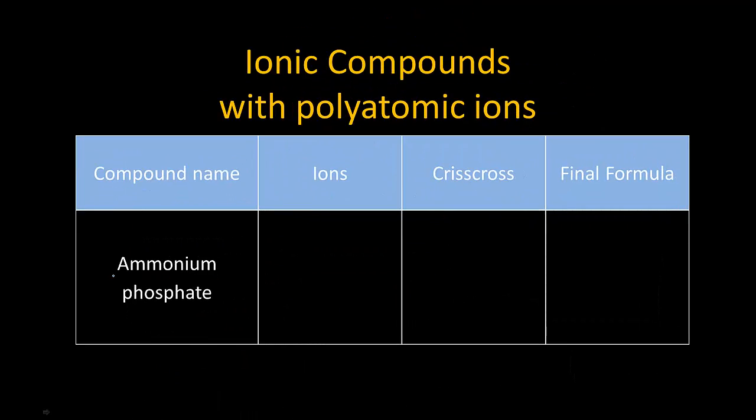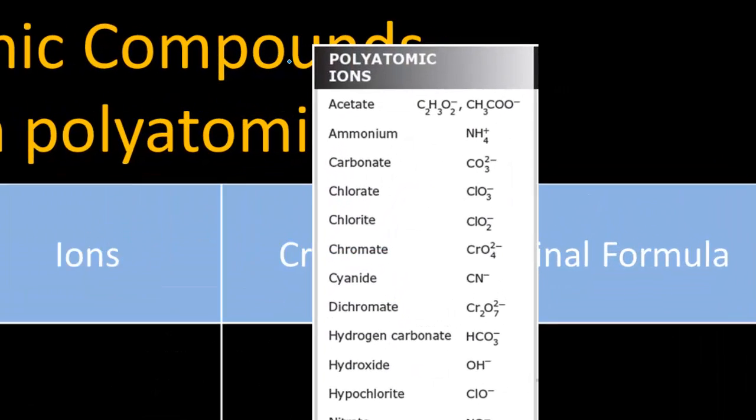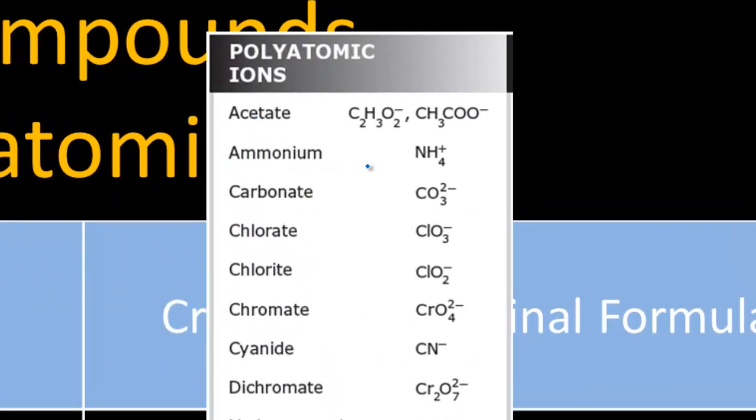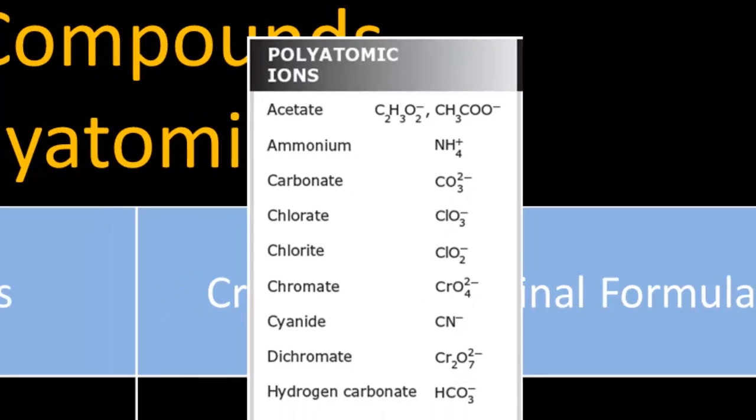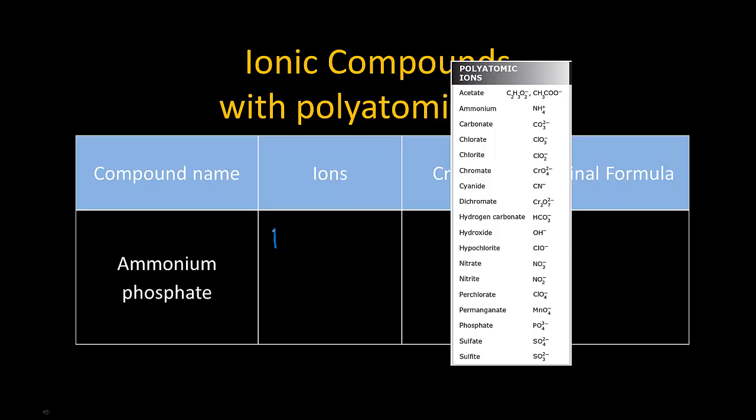Next example, we have ammonium phosphate. Ammonium is an ion. You can find it right here. Ammonium is NH4+. It is the only positively charged polyatomic ion that you will see on your chart here, so just memorize it, ammonium. You're not going to find it on the periodic table.